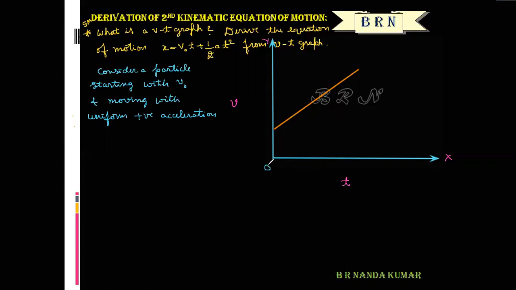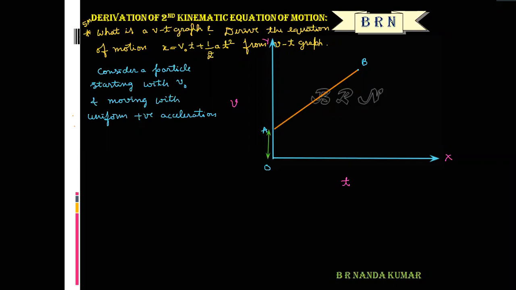So this is the origin. Let us consider this point as A, this point as B. Okay, so the distance from O to A is the initial velocity of the particle.